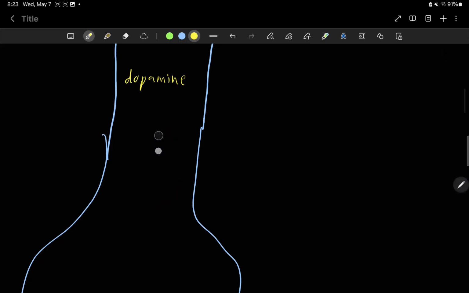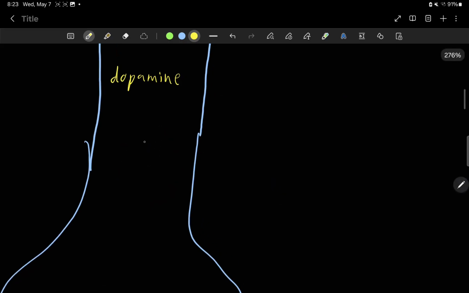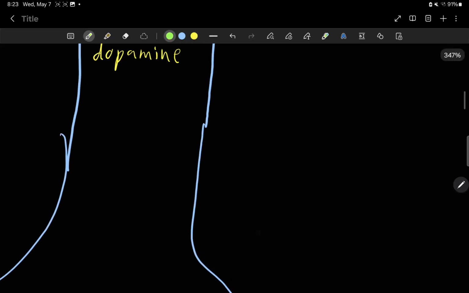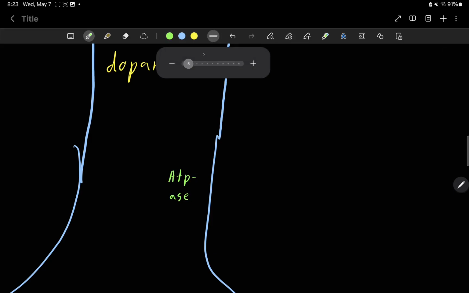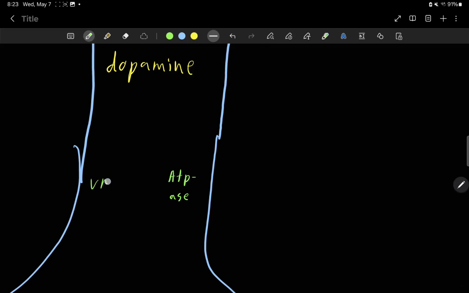So you have your vesicle, right? And your vesicle has a couple of enzymes on it that help with this packaging process. So your first enzyme is called ATPase. And your other enzyme is called VMAT2. So here are your two enzymes, and they are on your vesicle.